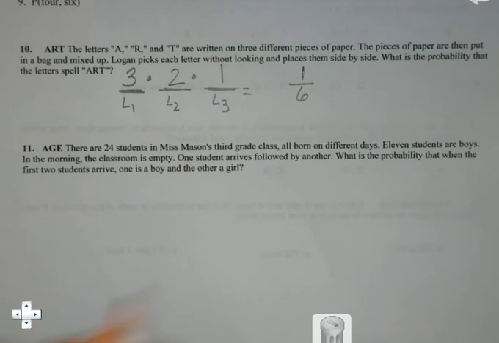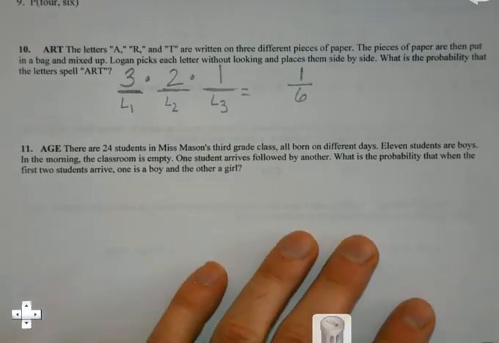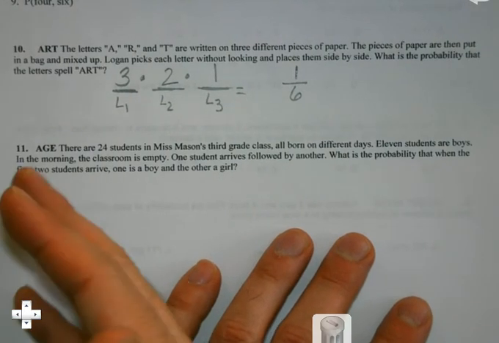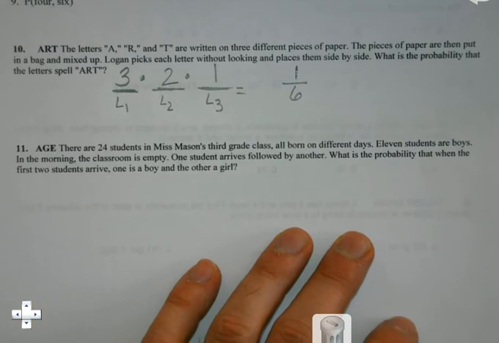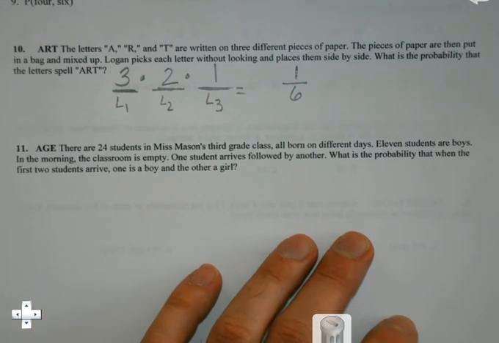You could almost do this like the one we just got done with the people and putting them into groups. I could do the same thing with the possibilities on these letters. But here's the difference.